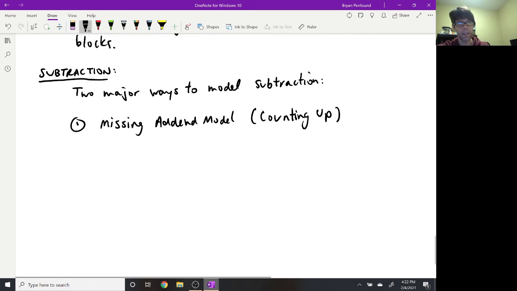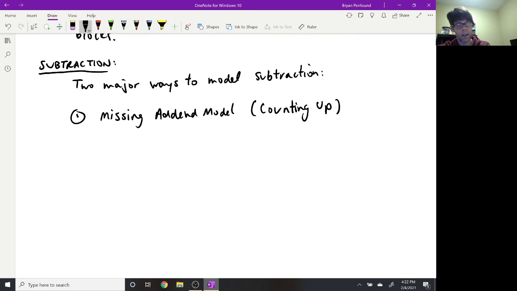So the idea here is if I have some kind of subtraction statement like this, 10 take away 3 is equal to what? What we actually do is reframe this question into an addition.